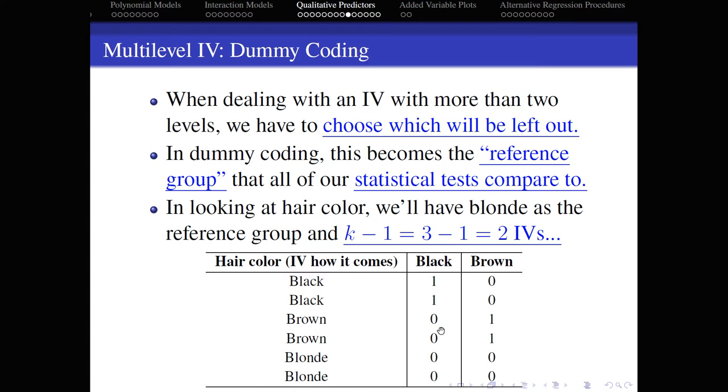So I'm going to have a black variable and a brown variable, and I'm not going to have a blonde variable. For black, if you have black hair, you get a 1. If you don't have black hair, you get a 0. Brown is the same thing, but with brown hair instead of black hair. And again, blonde isn't going to have any of those.